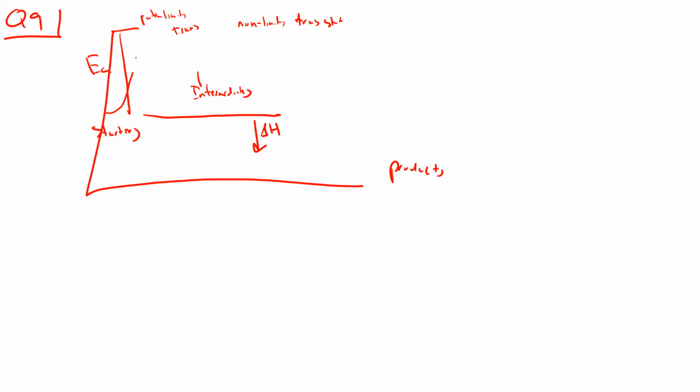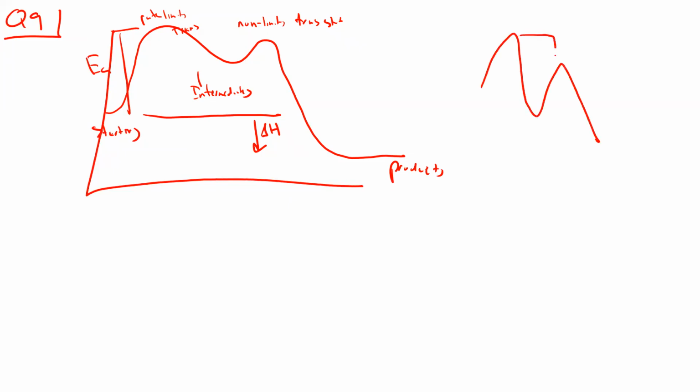This step right here, it takes more energy to overcome this rate limiting step than the non-limiting one. You see that right there, it has this difference right here. And for the other, it doesn't take as much energy because we've already overcome the initial big step. So that is 9.